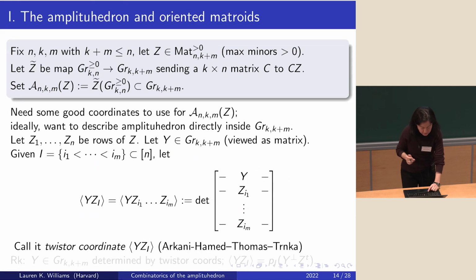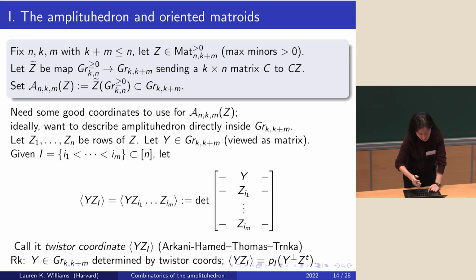This is called a twistor coordinate, and they first came up in this paper of Arkani-Hamed and Trnka. Elements of this Grassmannian of K plus M space are determined by the twistor coordinates, so you can actually describe the amplituhedron using these coordinates.